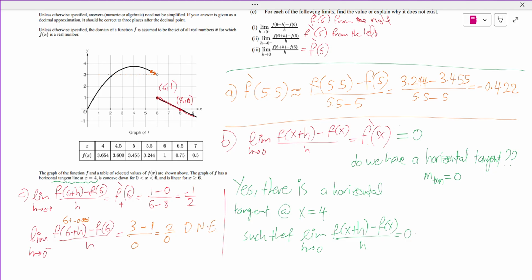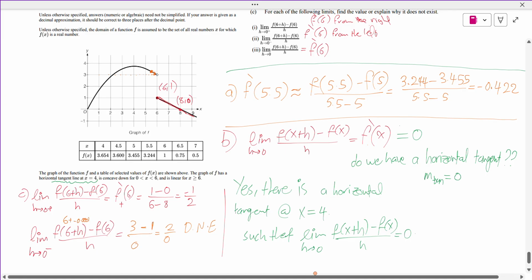And if you look at the answer key on AP, they are saying that the numerator approaches 2 as the denominator approaches 0. Let me just read it from there again. It says, here, the numerator approaches 2 as the denominator approaches 0. So this limit does not exist.